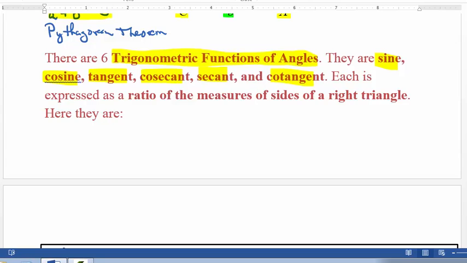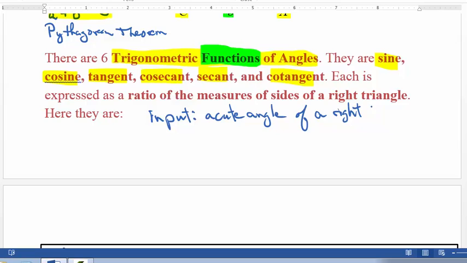But the thing that you really have to keep in mind here is that these are functions. So sine is a function, cosine is a function, tangent is a function, and so on and so forth. And of course, when you have a function, you have to have an input and an output. So for these trig functions, the input is going to be an acute angle of a right triangle.